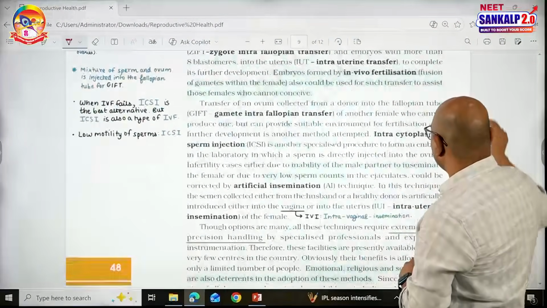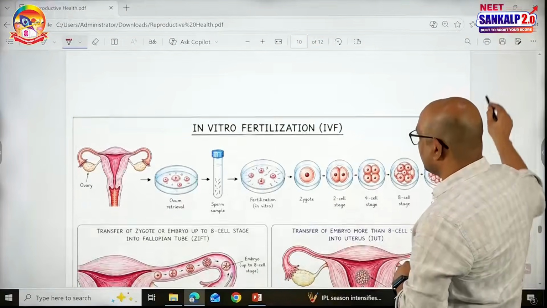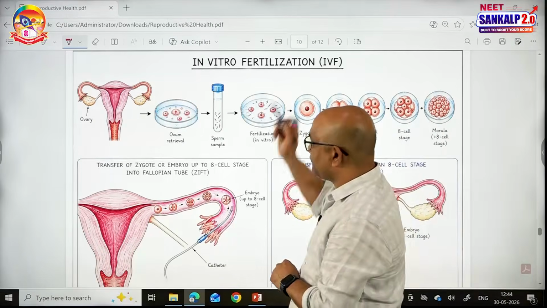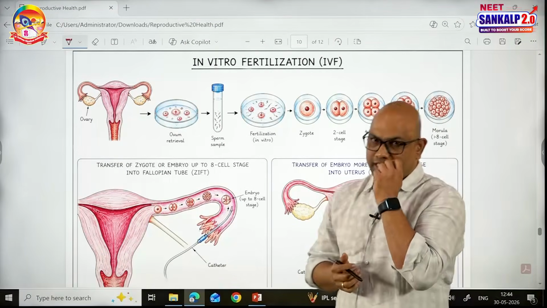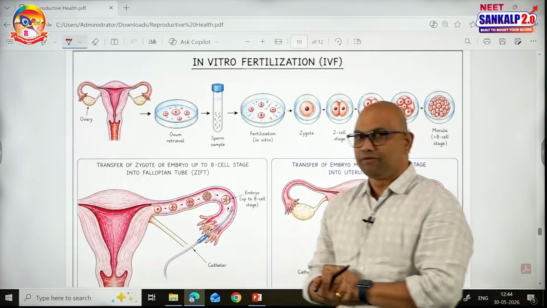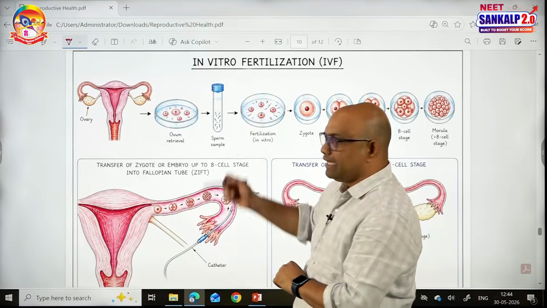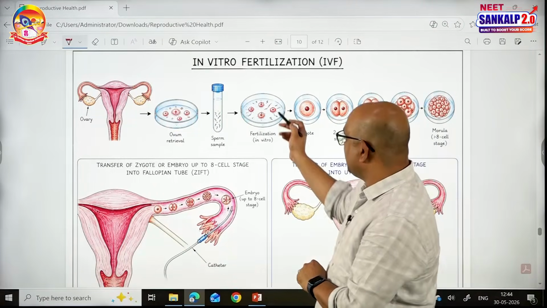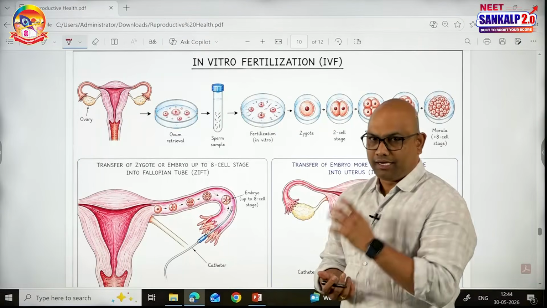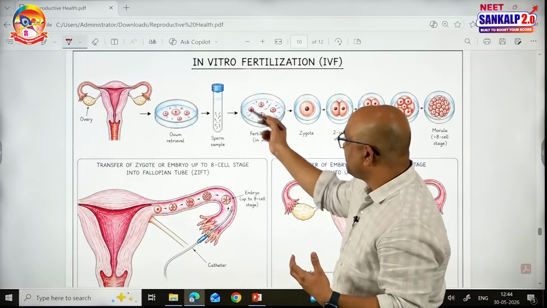Under the assisted reproductive technology, there are some methods. Let me explain those methods one by one. The first is called in vitro fertilization, IVF. What is IVF? In IVF, they will collect the ovum either from wife or donor, semen either from husband or donor, and they will take that sperm and ovum in the laboratory conditions outside the body, usually into the petri dish.